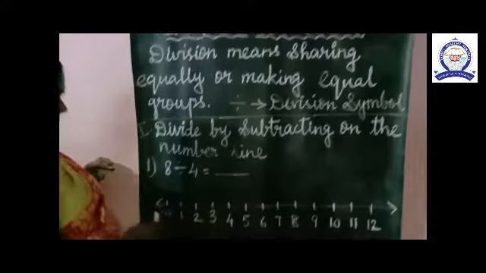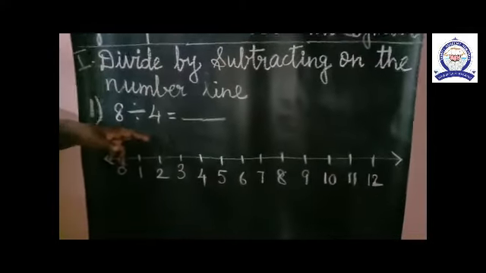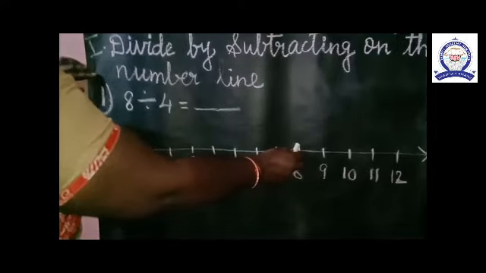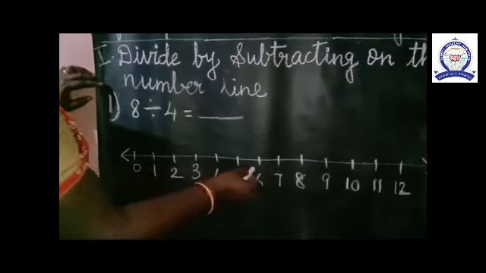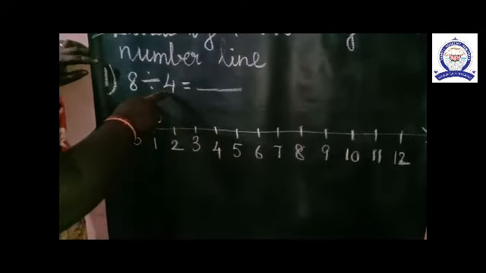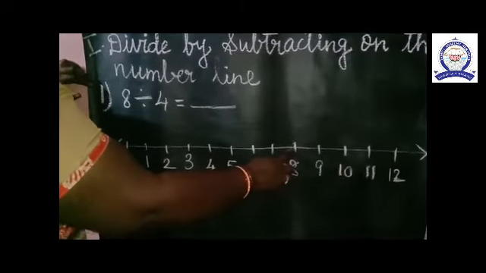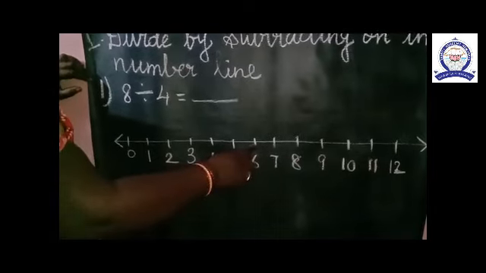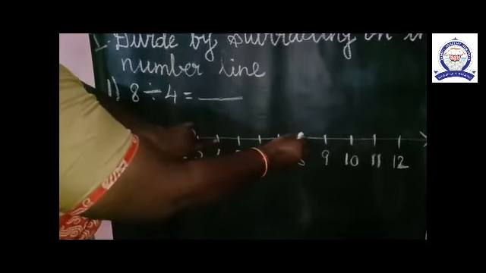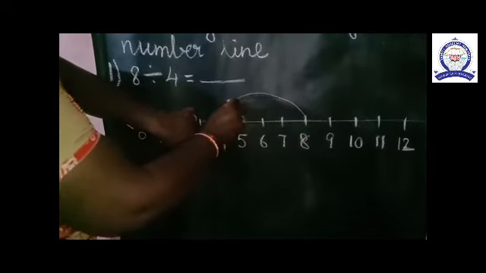Okay children, 8 divided by 4 equal to dash. You start with 8. From 8 you jump 4 times. Divided by 4, so you jump 4 times. 1, 2, 3, 4.